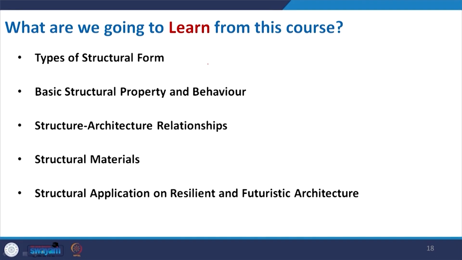Different structural materials that are very helpful to create different kinds of wonders in the architectural field. Then structural application in resilient and futuristic architecture. This is the need of the hour, where we have to make things resilient against natural or man-made disasters, and we will see how to do it with a case study.